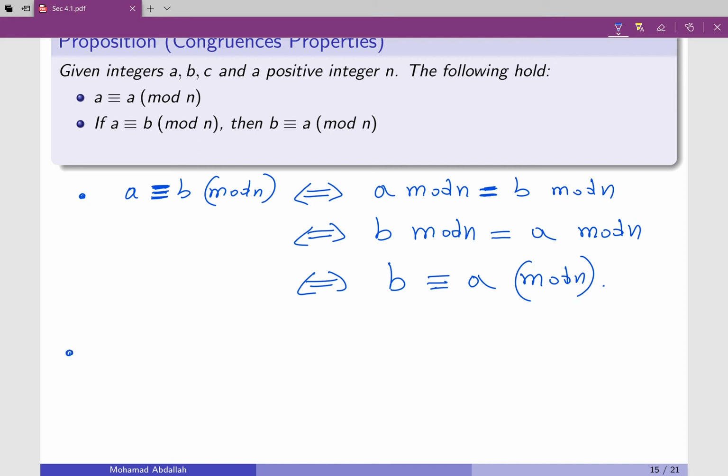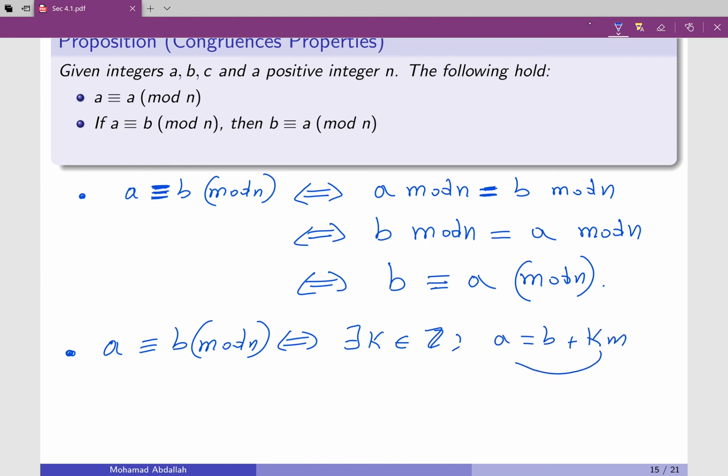Another proof, if you want: A congruent to B mod n is equivalent to the following. There exists k in Z such that A equals B plus kn. Well, let's move this to the other side.